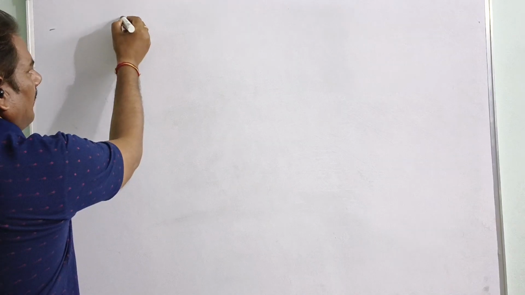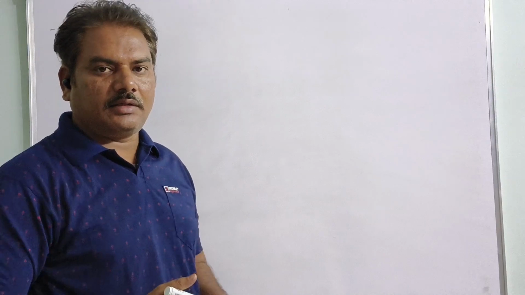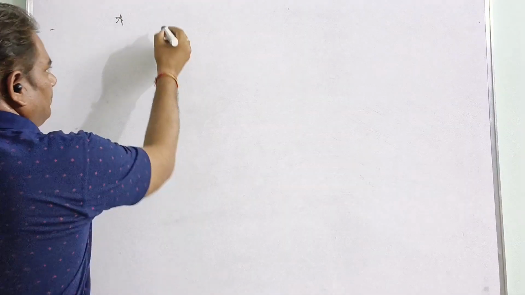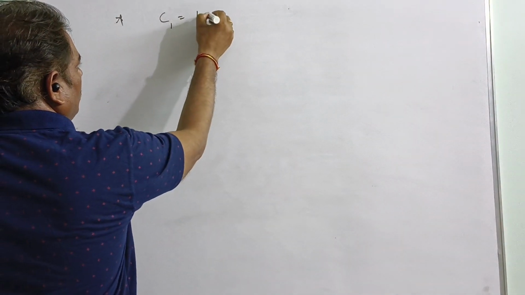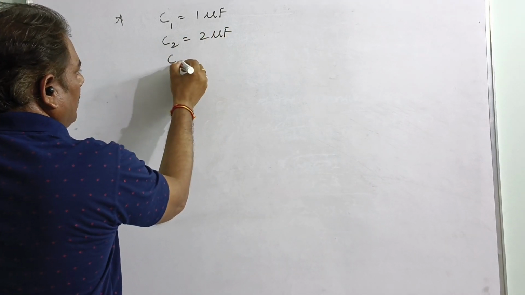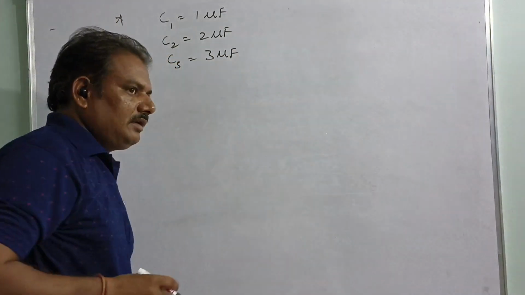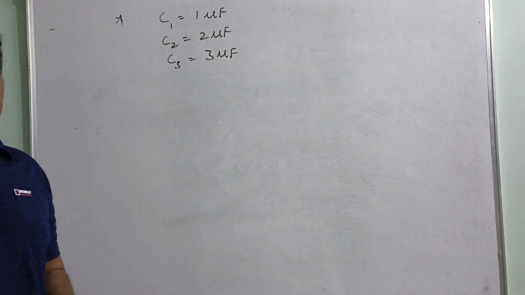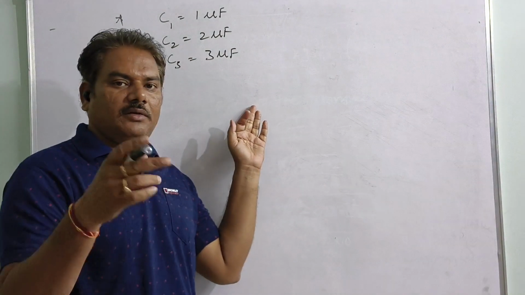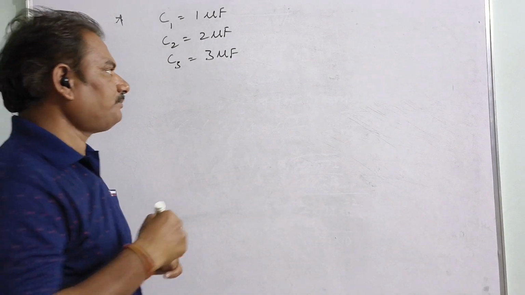Okay, next problem. The three capacitors are connected in parallel. So C1 equal to 1 microfarad, C2 equal to 2 microfarad, C3 equal to 3 microfarad. Three capacitors, 1 microfarad, 2 microfarads and 3 microfarads are connected in parallel.